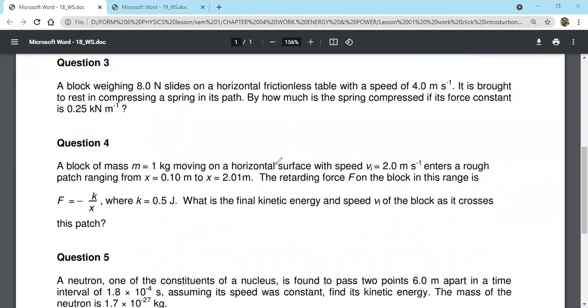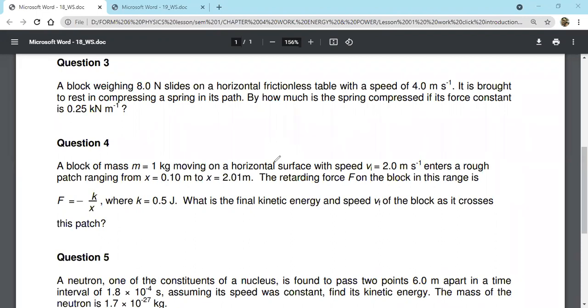A block sliding on a horizontal frictionless table with a speed of 4 m/s is brought to rest, that means 0 m/s, in compressing a spring in its path. By how much is the spring compressed if its force constant is 0.25 kilonewton per meter?